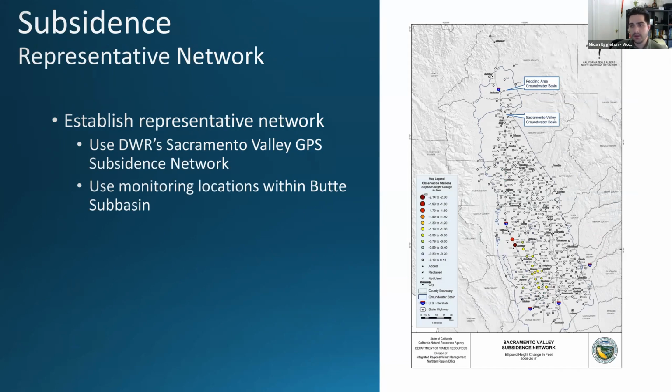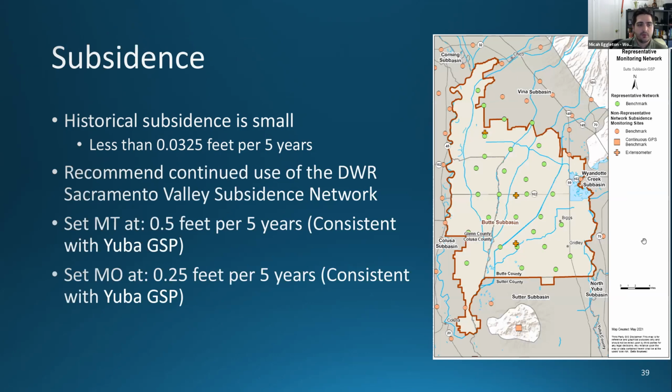Because subsidence has been historically very low, we recommend continuing to use the current monitoring network, the Sacramento Valley Subsidence Network. We recommend setting the minimum threshold at 1/2 foot for every 5 years, which is consistent with our neighbors in the Yuba GSP areas, and setting the MO at 1/4 foot for every 5 years, which is also consistent with Yuba.